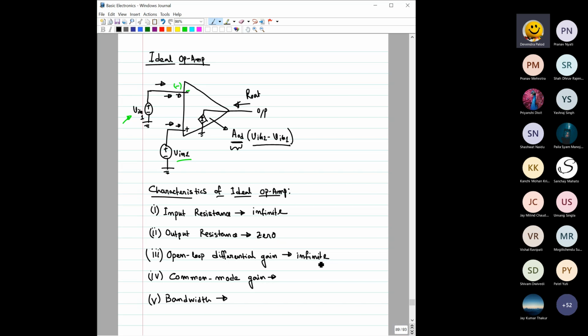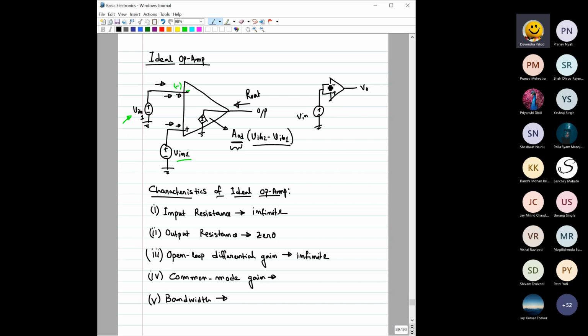Next, what is the common mode gain? Common mode gain means suppose you are operating the op-amp like this: minus, plus. You have shorted the two terminals and applied one signal V_in here, and this is the output. What should the output be?